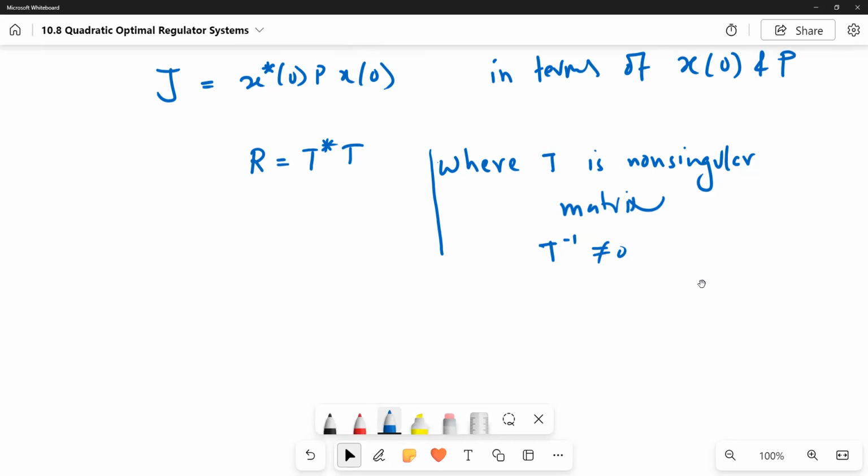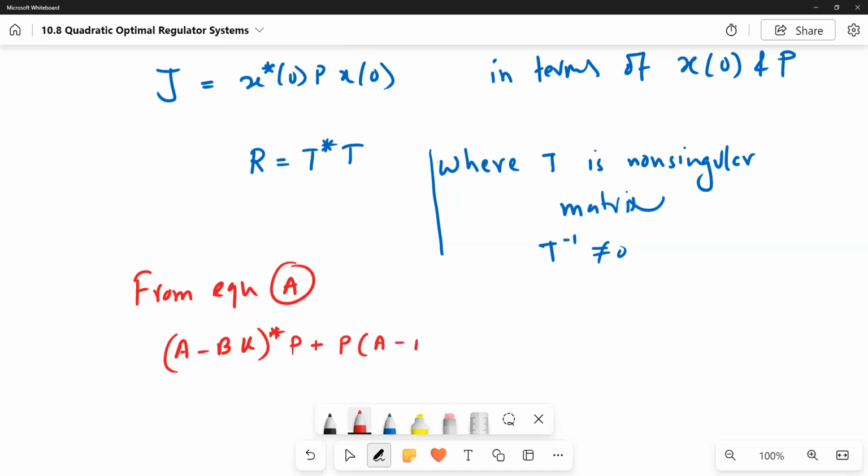So from equation A, we can write that is (A minus BK) star P plus P(A minus BK) equal to basically minus Q. So we can take it to the other side, so it will be plus Q plus K star RK.